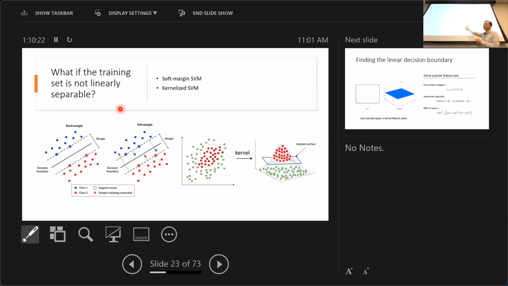There's no way to define a linear solution in 2D, but after this kernel operation, you expand the dimension of your data to a higher dimension, and they become linearly separable. So that's a kernel operation.